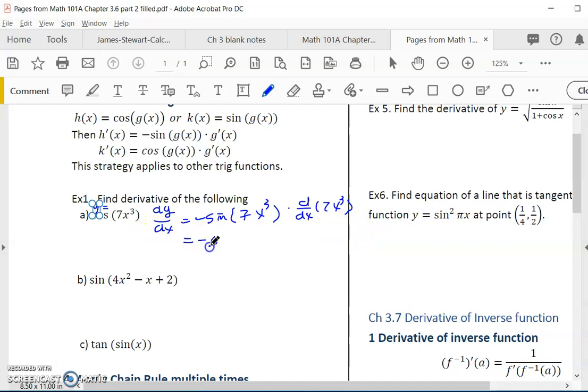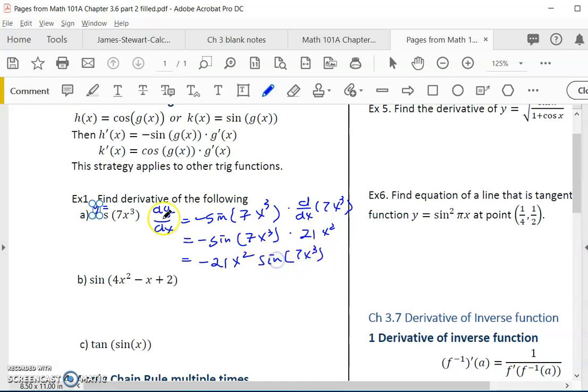So negative sine, just copy. This is already done. The derivative of 7x cubed is power rule, 21x squared, which is not inside the sine, it's actually outside. So I rewrite it as negative 21x squared sine of 7x cubed.